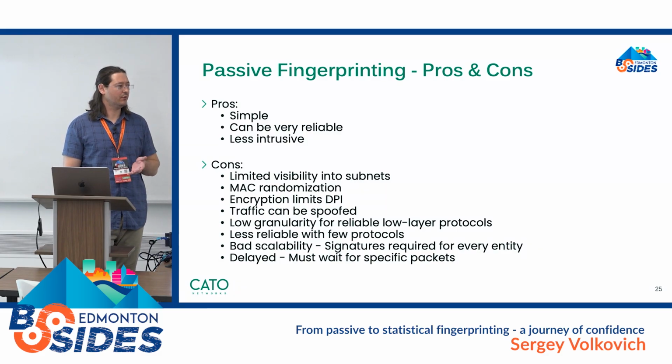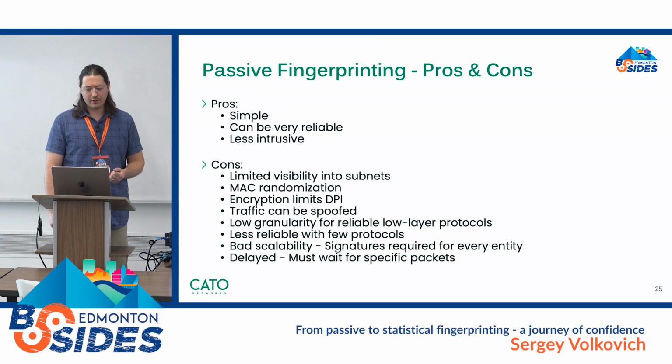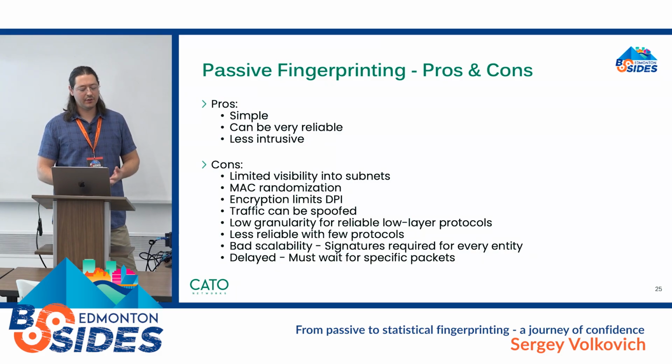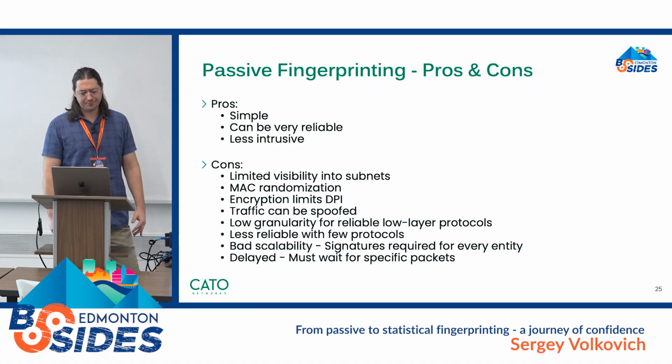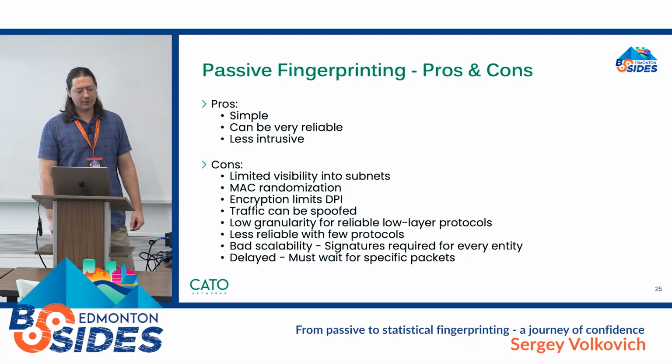Once I configure some signature, it will just work unless something is changed, of course, and it can be very reliable, especially when we combine a lot of protocols and use different indicators. Also, as mentioned, compared to active fingerprinting, it's much less intrusive. We don't fill the network of our customers with packets and watch them.